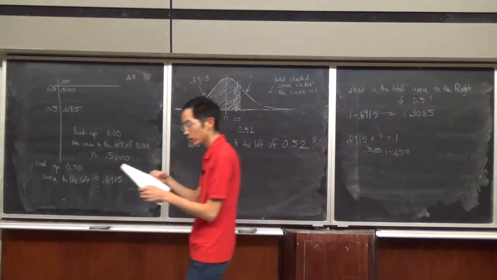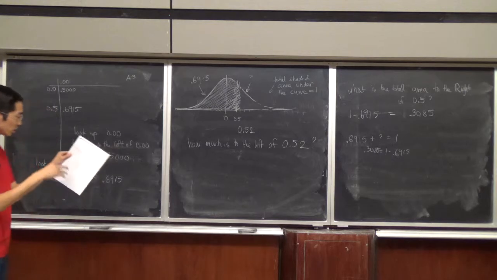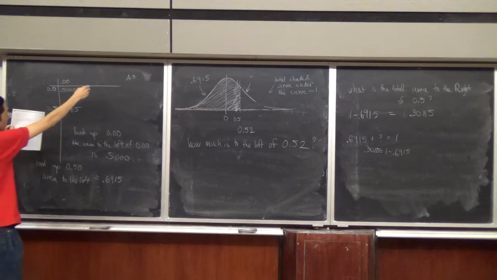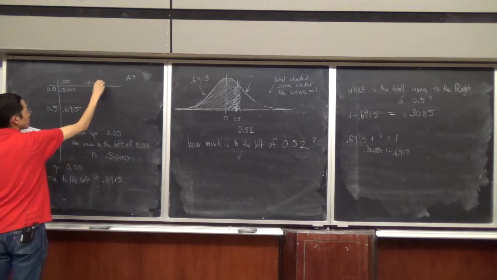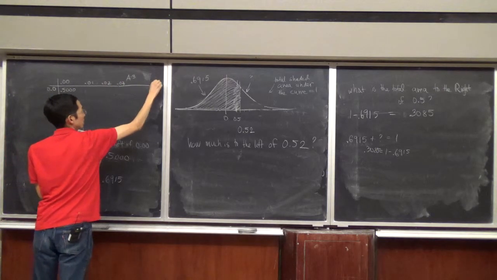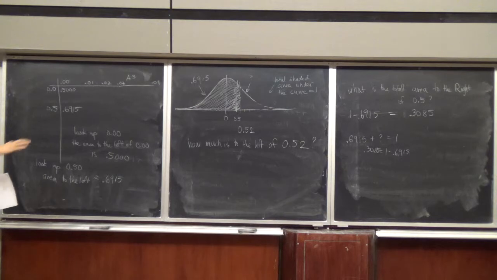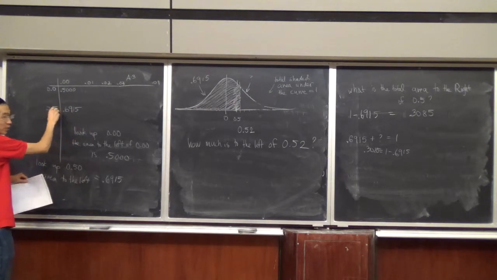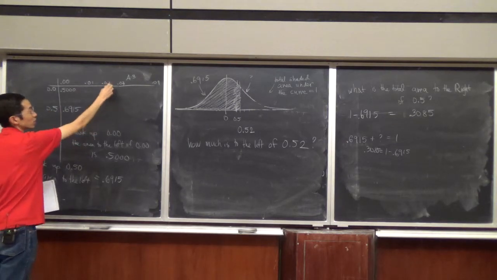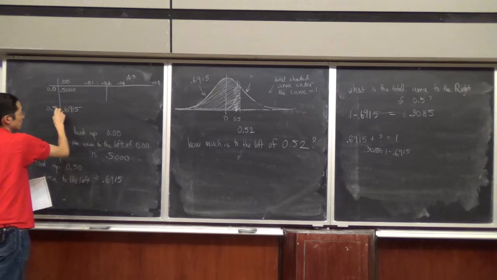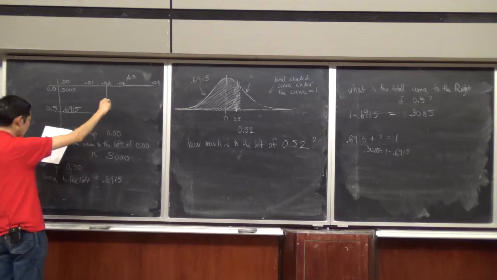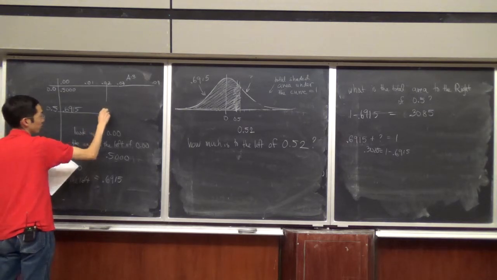Okay, so we can go to the table, and what we do is we go to the row 0.5, and across the top I see the columns 0.00, 0.01, 0.02, 0.03, etc., all the way up to 0.09. Okay. So the number 0.52 has 0.5 in the tenths place and a 2 in the hundredths place. So I'm looking at the intersection of 0.5 and 0.02, and the number that I get is 0.6985.